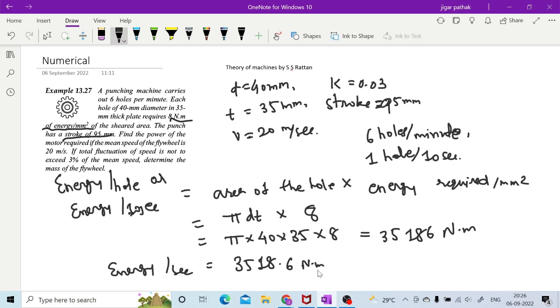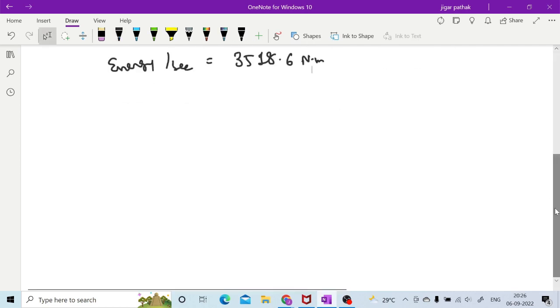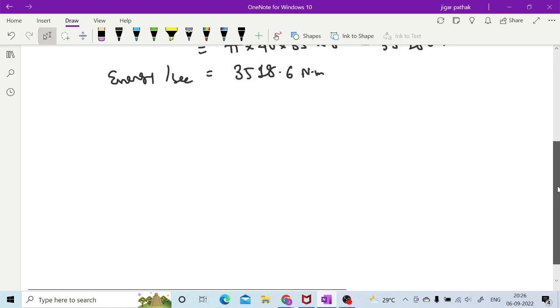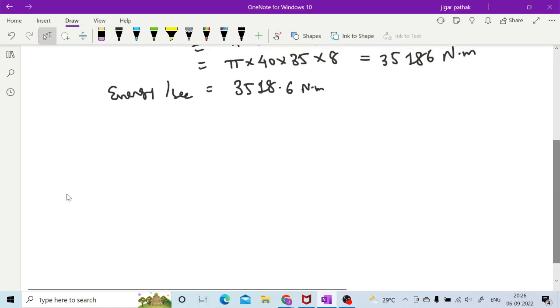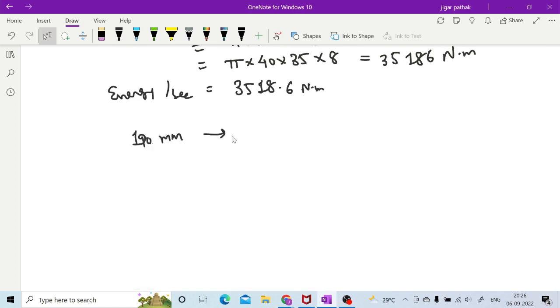Now what you have to check is what will be the time for your operation, right? Because 190 mm is the total distance. You have 95 mm of stroke, so that is 190 mm of total distance which is traveled in 10 seconds. So 35 mm is the length which you are shearing.